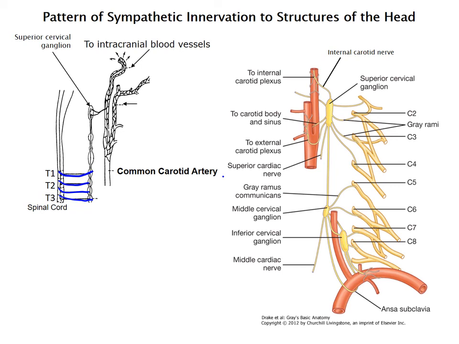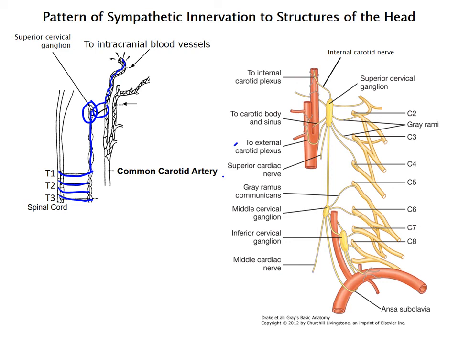Once inside of the sympathetic chain, they can ascend through the cervical trunk and can synapse here in the superior cervical ganglion, for example. After this synapse has occurred, the postganglionic sympathetic fibers can exit via the internal carotid nerve and can make their way onto the internal carotid artery. And from there, they follow this vascular highway to their target tissues in the head.